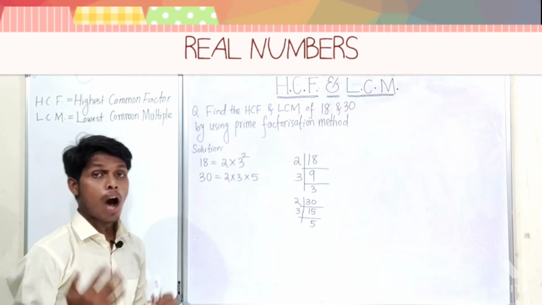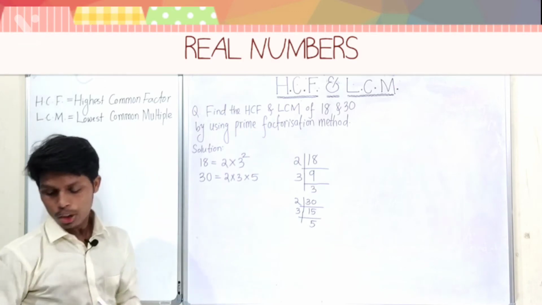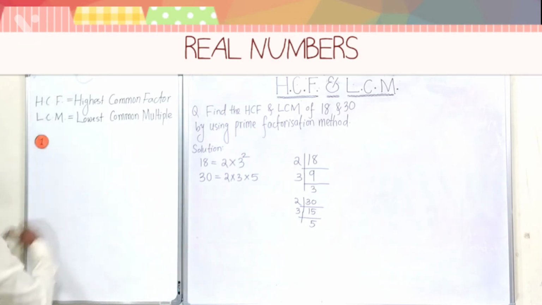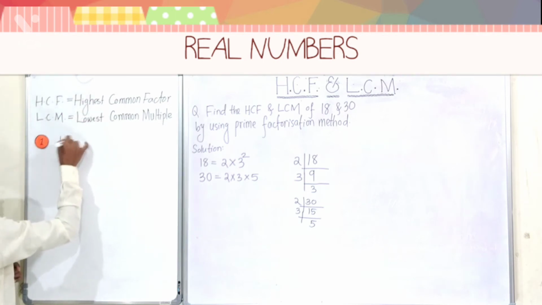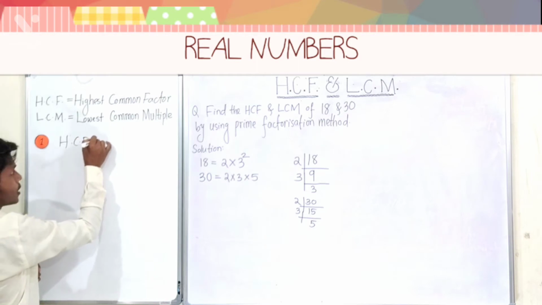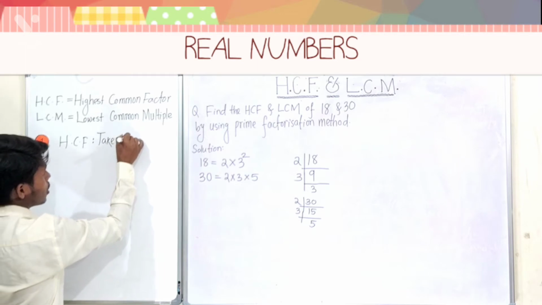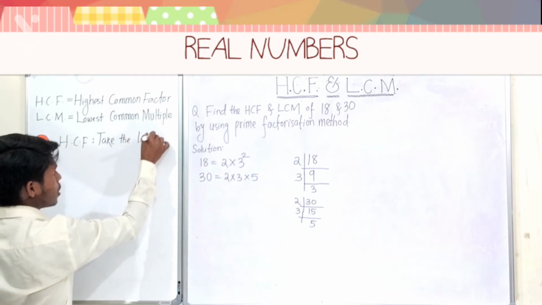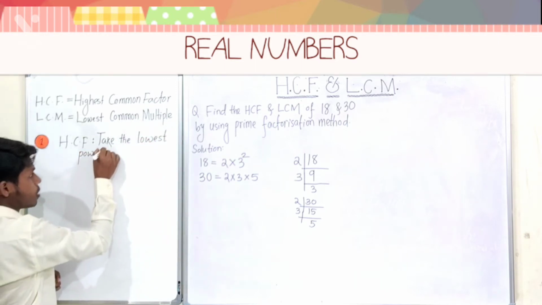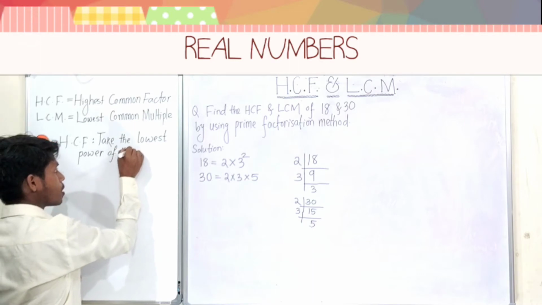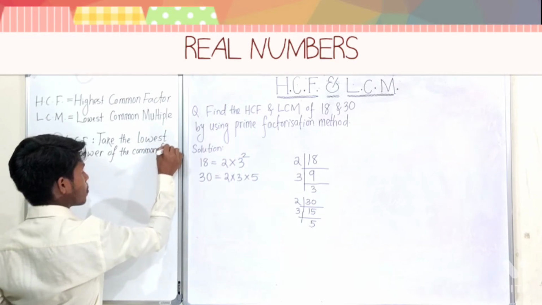Now let's see how to find HCF and LCM by using these two factorizations. To find the HCF, the rule is, let me write the HCF: you have to take the lowest power of the common factors.